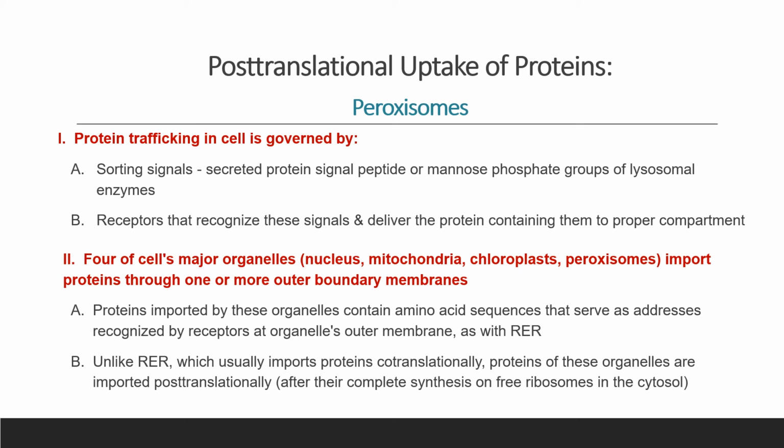So, four of the cell's major organelles, like nucleus, mitochondria, chloroplast, and peroxisomes, import proteins through one or more outer boundary membranes. So proteins imported by these organelles contain amino acid sequences that serve as addresses that are recognized by receptors at the organelles' outer membrane, as with the RER. Unlike the RER, which usually imports proteins co-translationally, proteins of these organelles are imported post-translationally.